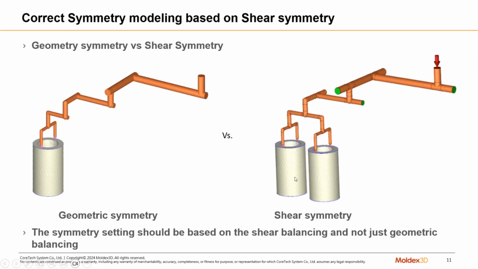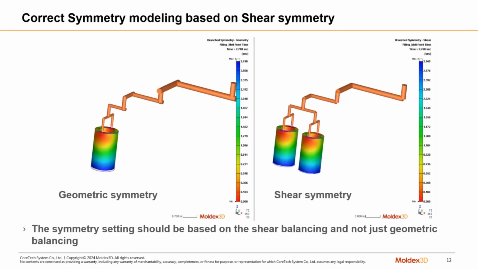So why do we want to do that? We want to make sure that we capture the shear behavior accurately, except for the first, second, and third level of branches from the part. Yes, this is still going to give you significantly faster results than considering the entire 32 cavities, and you can get to your answers much faster, right?